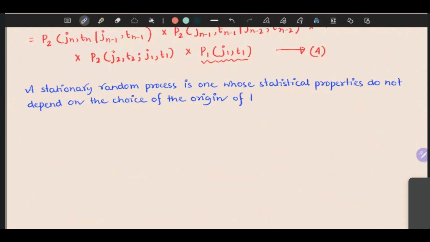It does not depend on where time starts. So that means it's a time translational invariance, similar to time translational invariance in deterministic dynamics.